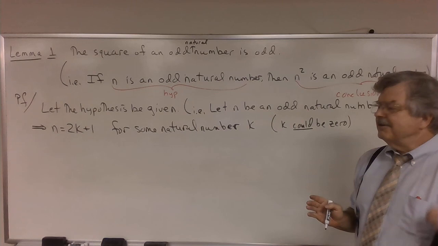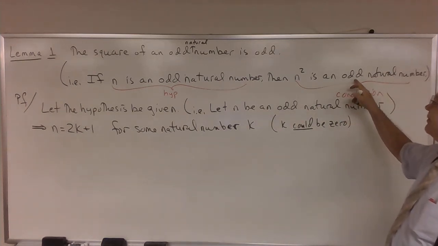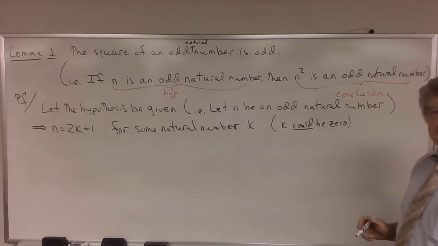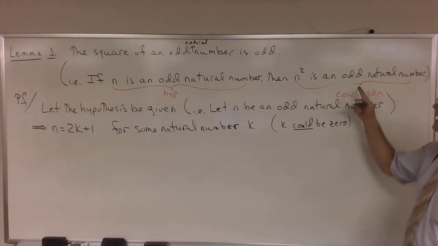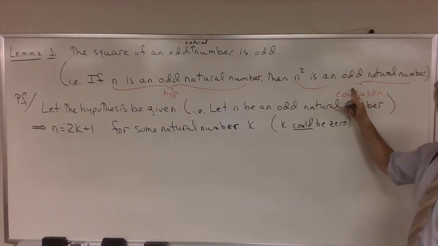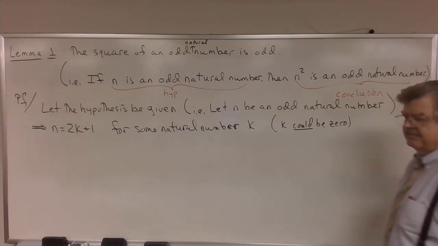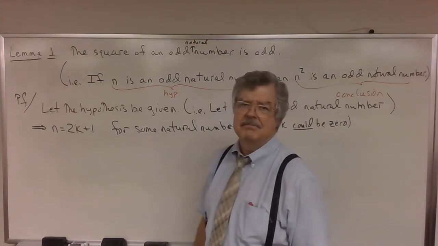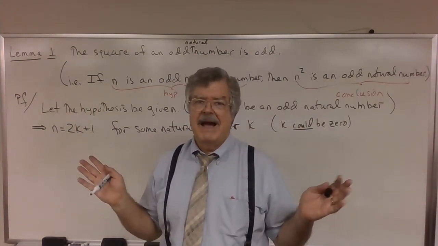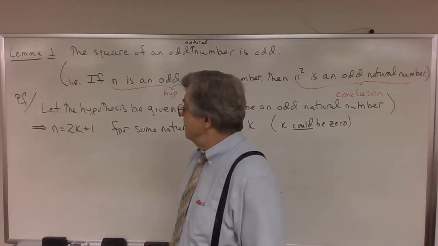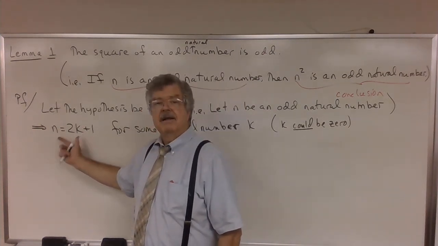Now, let me take a step back and see what it is that I'm trying to prove. Because in all the excitement, I may have actually forgotten what my objective is. And my objective is to show that n squared is an odd natural number. Now, how do I do that? I don't know. But I do know what n looks like.